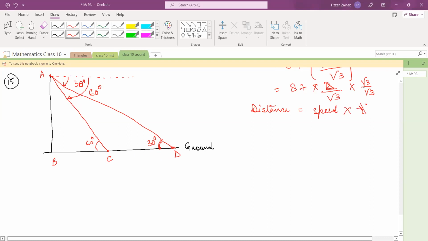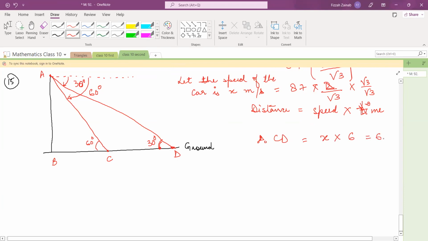Clear? Now speed also I don't know, so I have to assume, let's say the speed of the car is X meters per second, because he's talking in SI units. So the distance CD becomes speed, that means X, into time, that is 6 seconds.